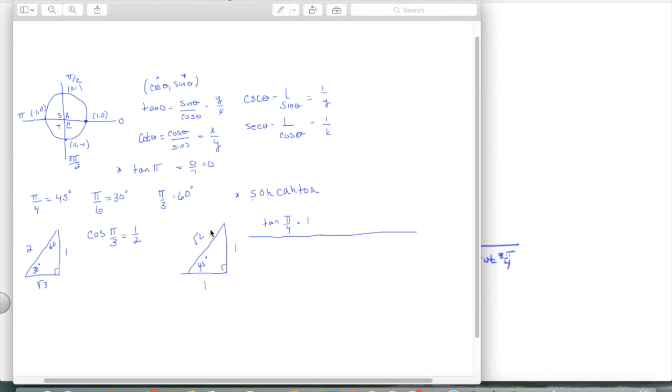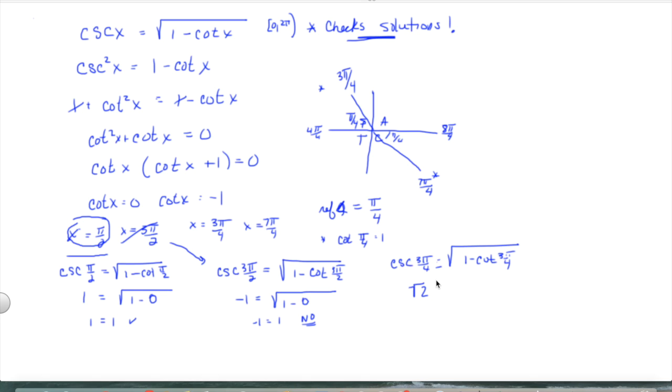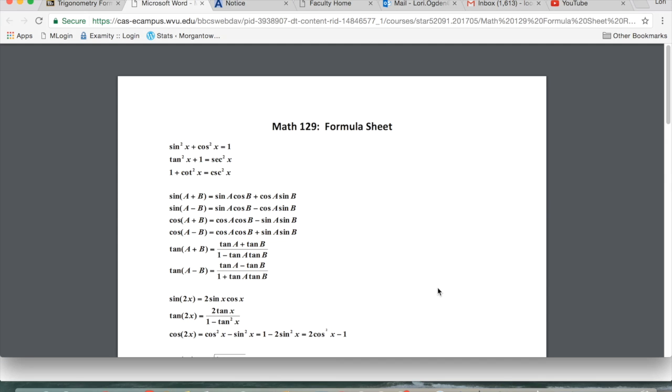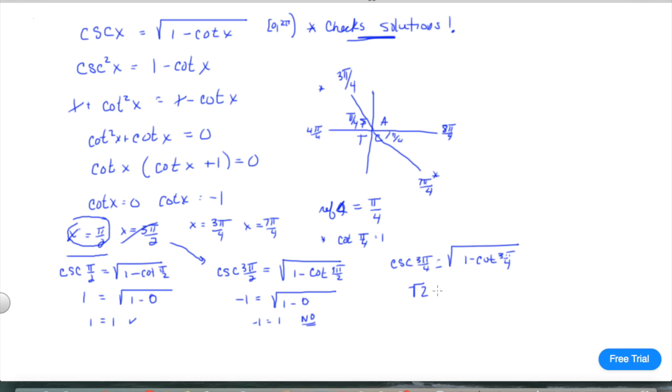Because I would be looking at the 45 triangle. Cosecant would be hypotenuse over opposite. So that's just square root of 2, equals the square root of 1 minus, and then cotangent of 3 pi over 4. Again, if I consult my triangle and consider that cotangent is negative in quadrant 2, this would be negative 1. So I would have the square root of 2 is equal to the square root of 2. So that one checks.